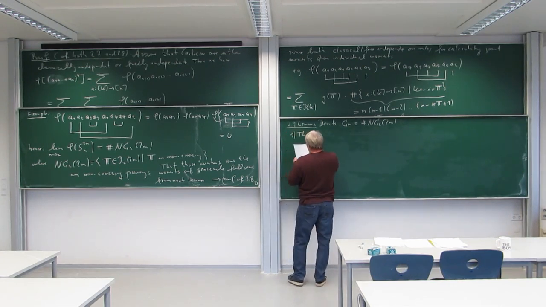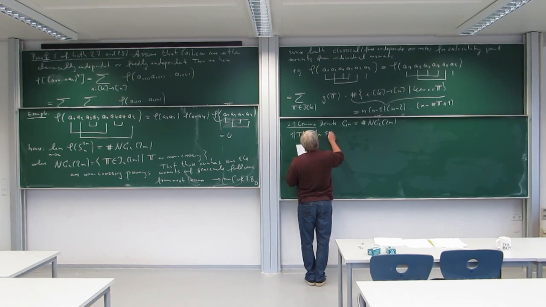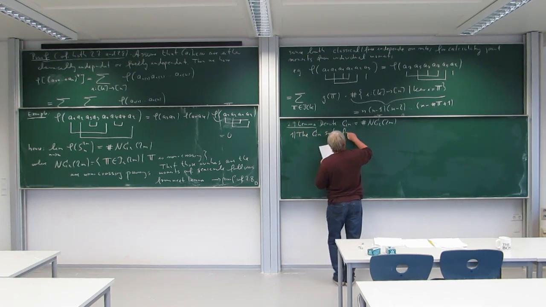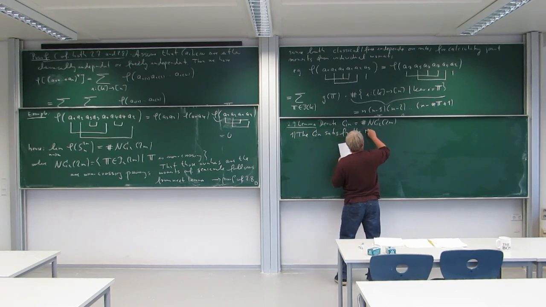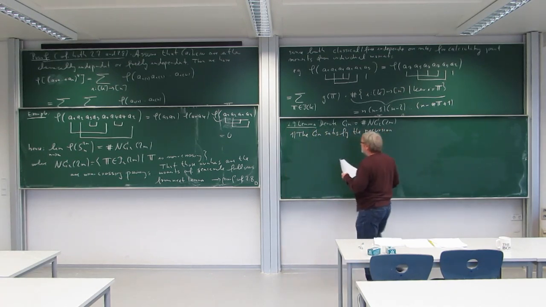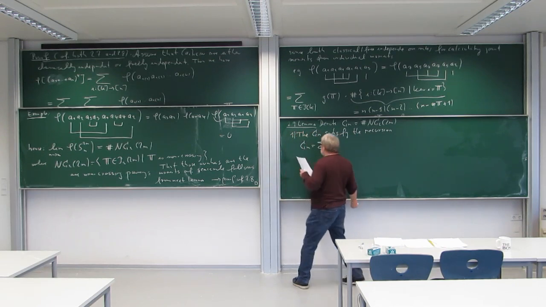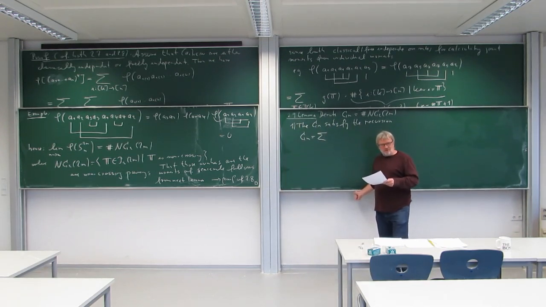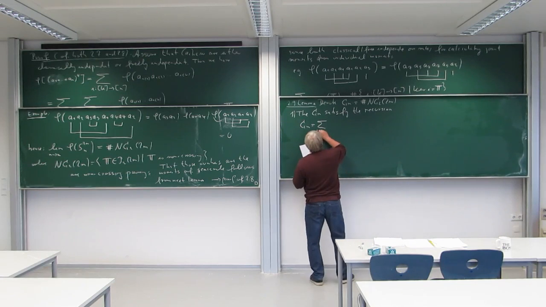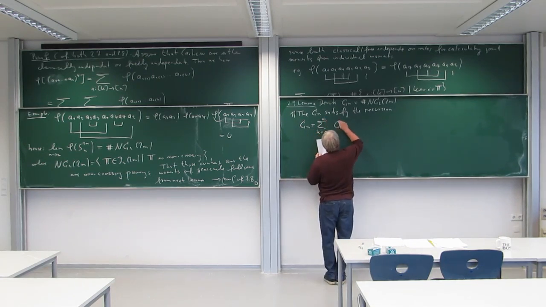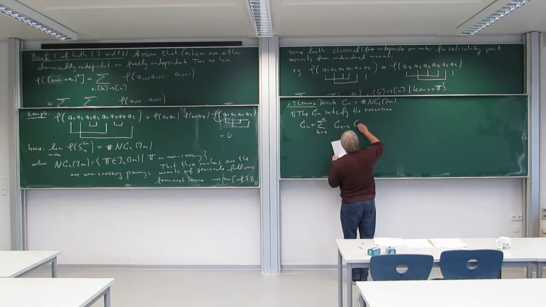Namely, C_m can be recursively calculated in terms of smaller ones: summing from k equals 1 up to m, I take C_{k-1} times C_{m-k}.